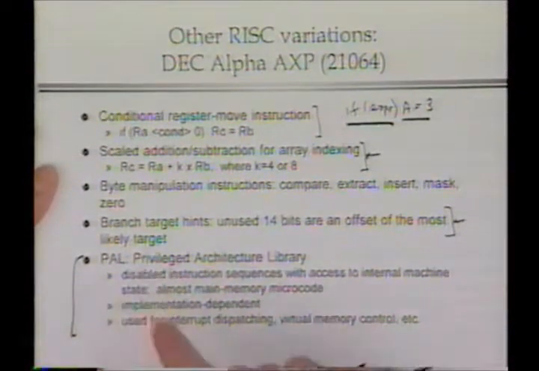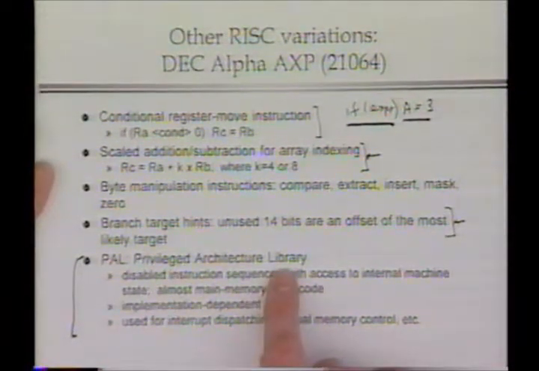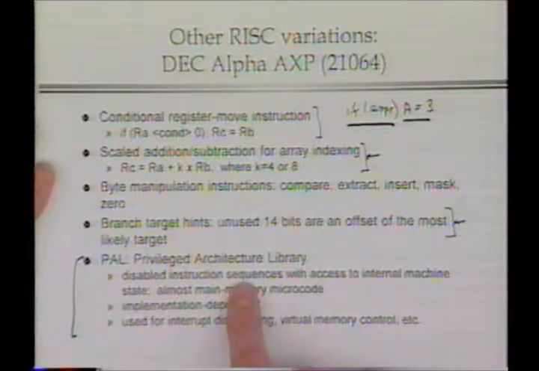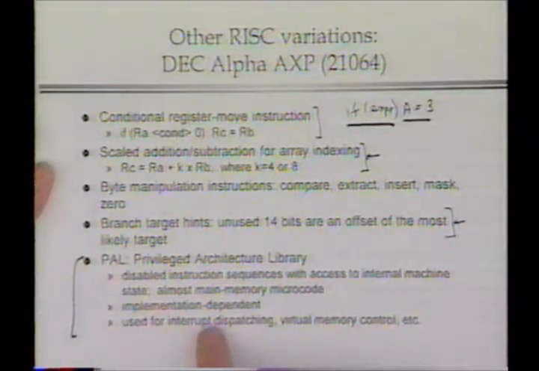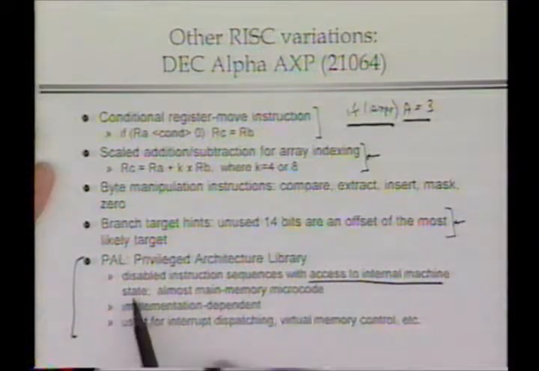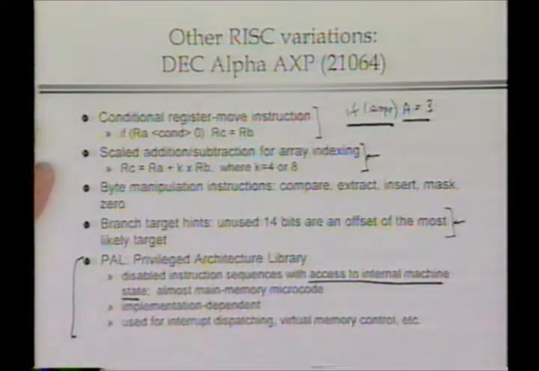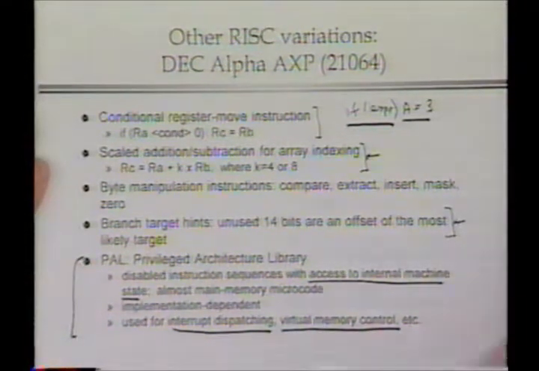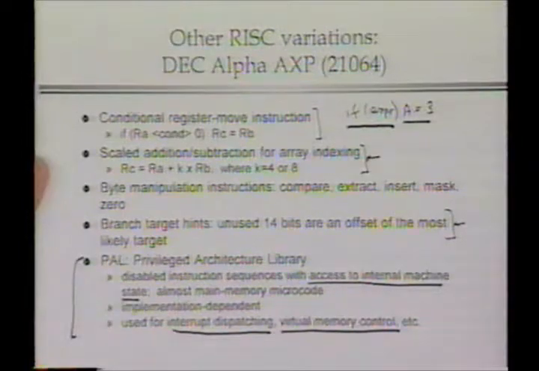They call this the privileged architecture library. Basically, it's RISC-like instructions executing out of main memory that have access to special internal machine state. That allows you to do things like complex interrupt dispatching and complex virtual memory control, that in a CISC architecture would be part of the standard instruction set.